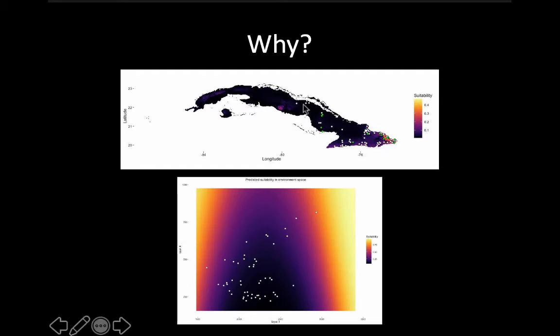However, if you actually look at this model in environment space, this is that same model. So now what we have here is two environmental predictors. They are the only predictors that were used to make this model. And what this model is saying is the combinations of these predictors, so these points are our actual occurrence points for our species. The brighter colors in both of these represent habitat the model thinks is more suitable.